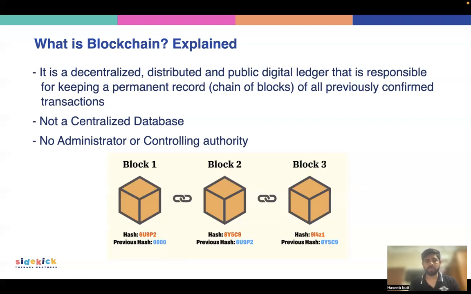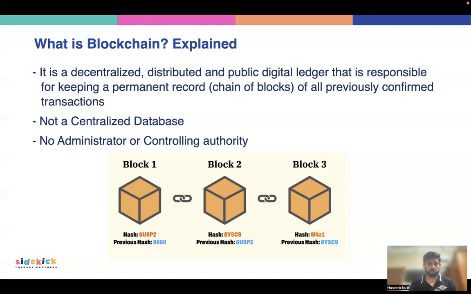So nobody can just go into the database and change one transaction. Whenever we need to change a transaction, we need to add another block of the updated transaction into the list, or you can say into the ledger. We cannot just change a block of data.